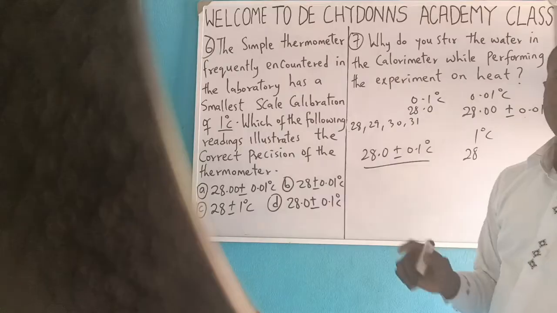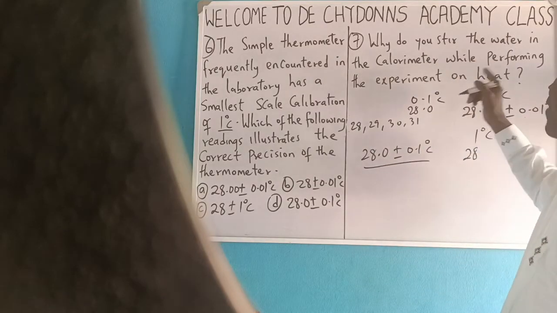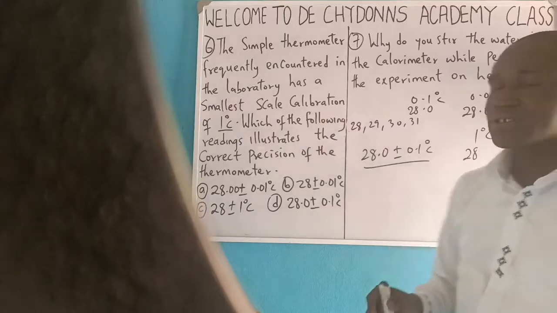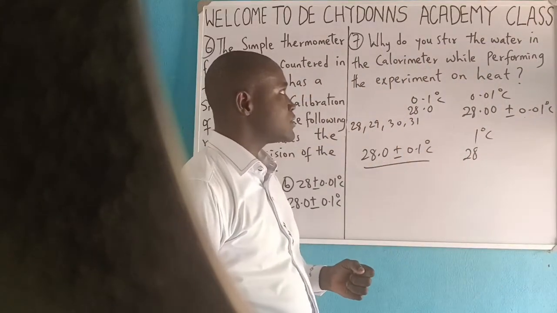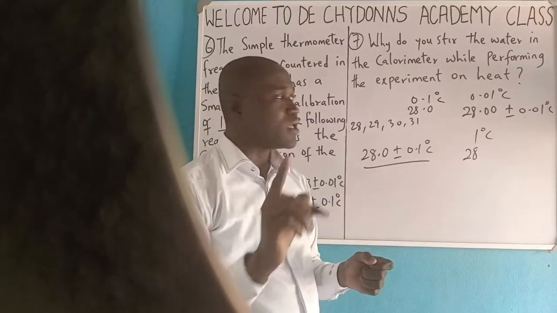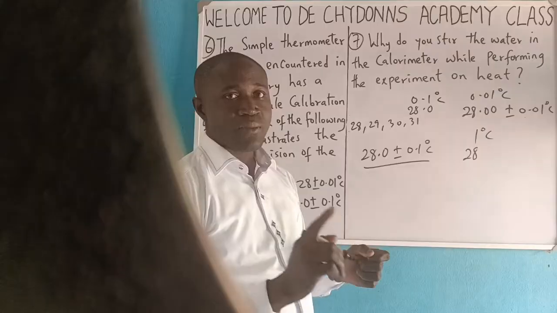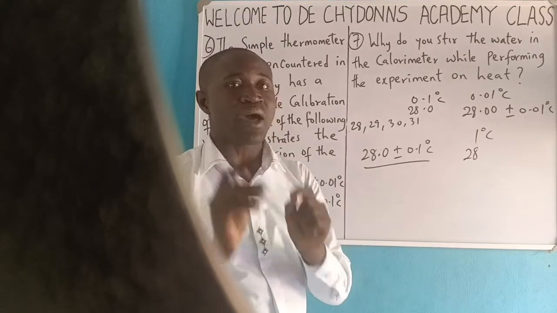Then question number 7 says, why do you stir the water in the calorimeter while performing the experiment on heat? When you have an experiment on heat, if you do not stir the water in the calorimeter, the heat will concentrate on a particular point.